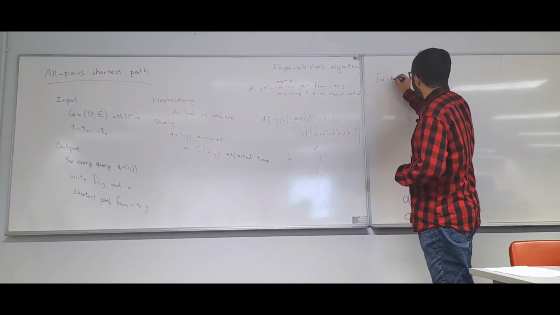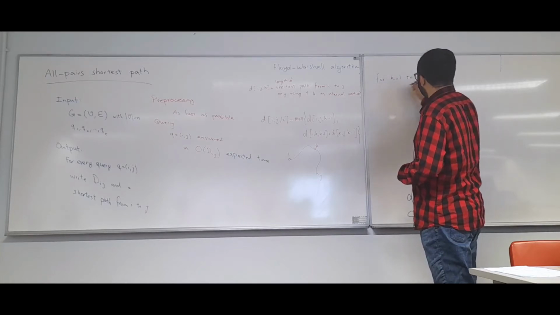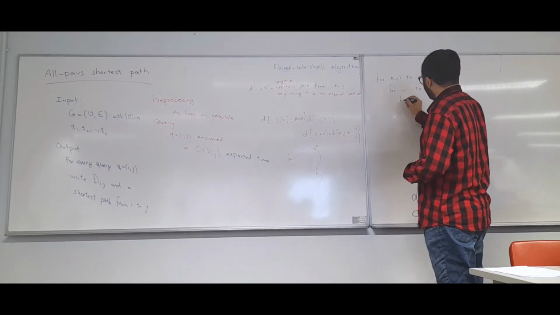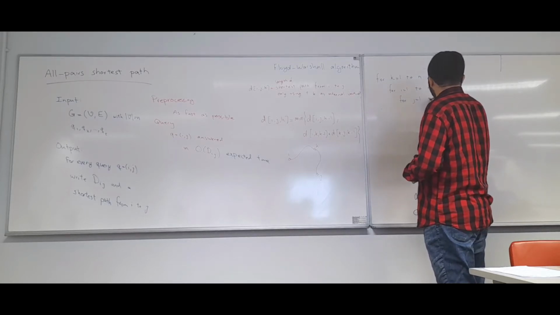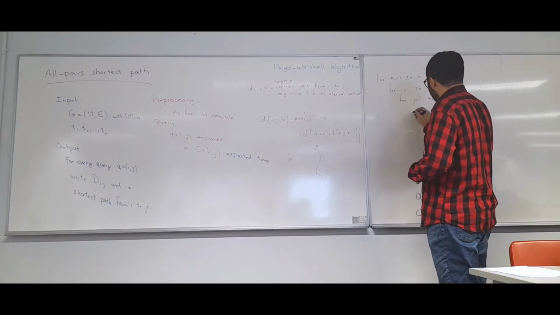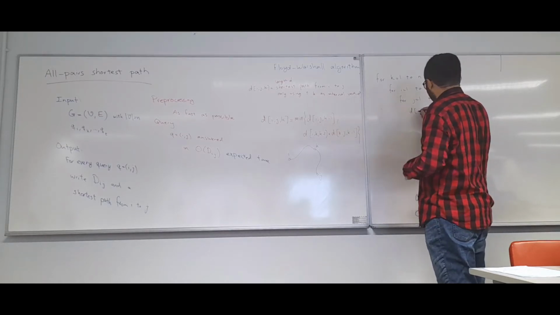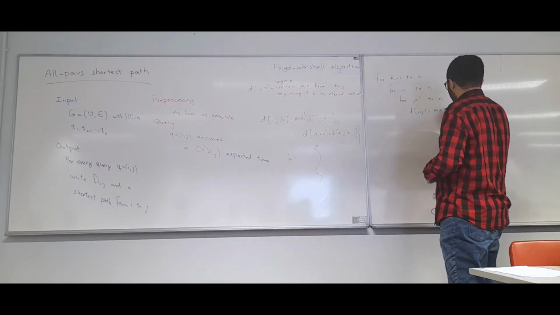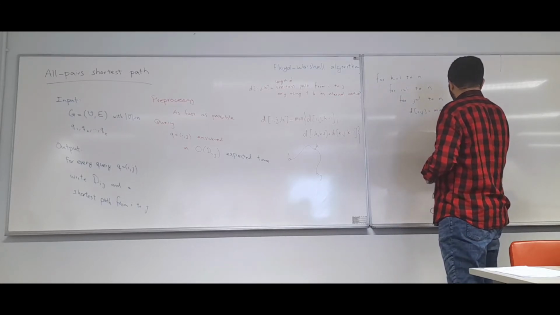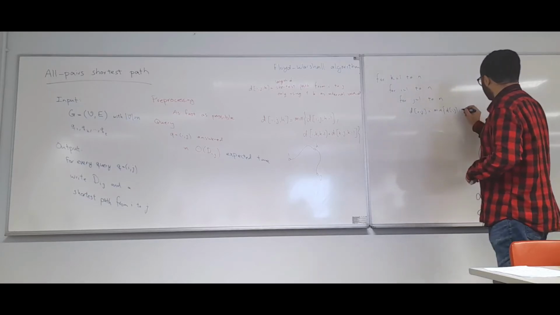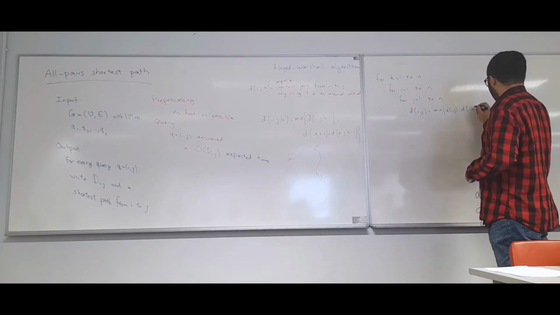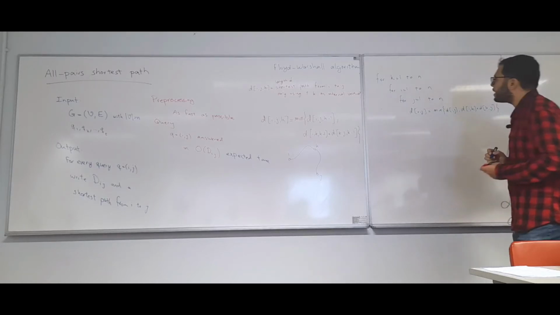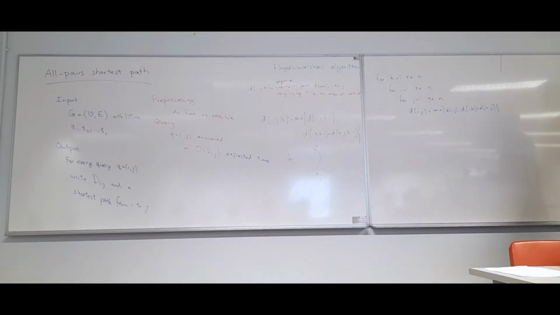We say for every k from 1 to n, for every i from 1 to n, and for every j from 1 to n, the distance d of ij is just the minimum of what it was before, d of ij, and d of ik plus d of kj. So this is one of the simplest algorithms to implement. It's literally 4 lines. Okay?